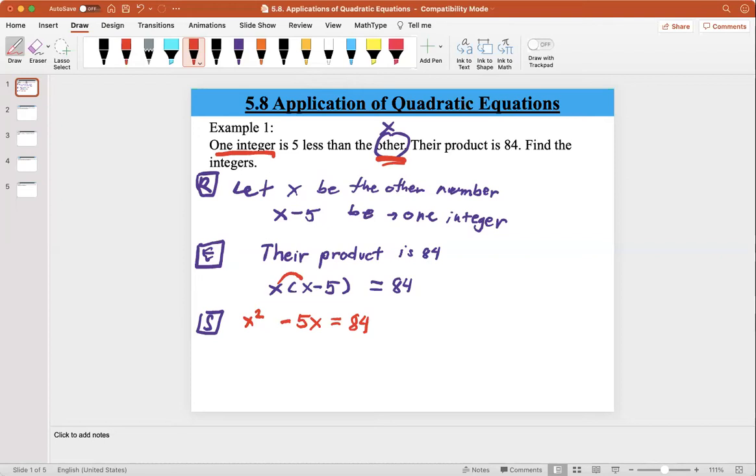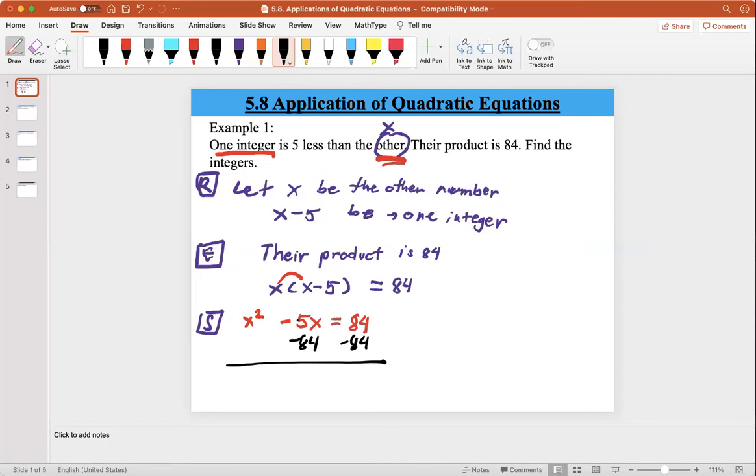We have to make sure that the right side is 0, so we can factor it if possible. To do that, we subtract both sides by 84. So minus 84. But if you look at our left side, none of them are like terms, so we simply write the expression as is.